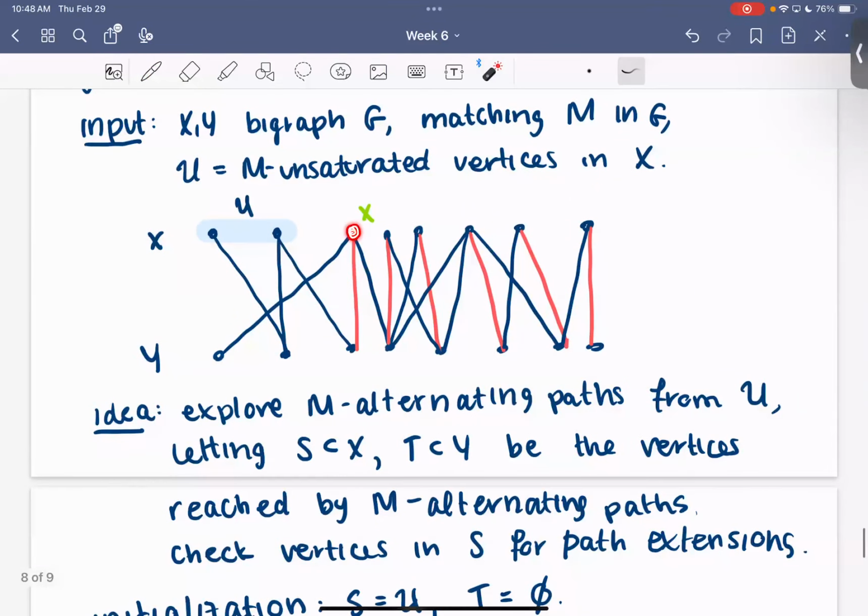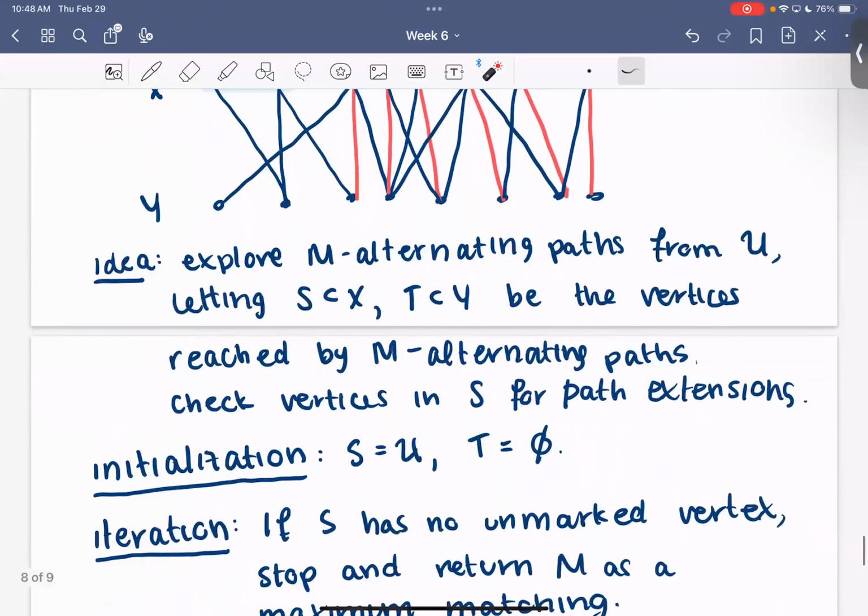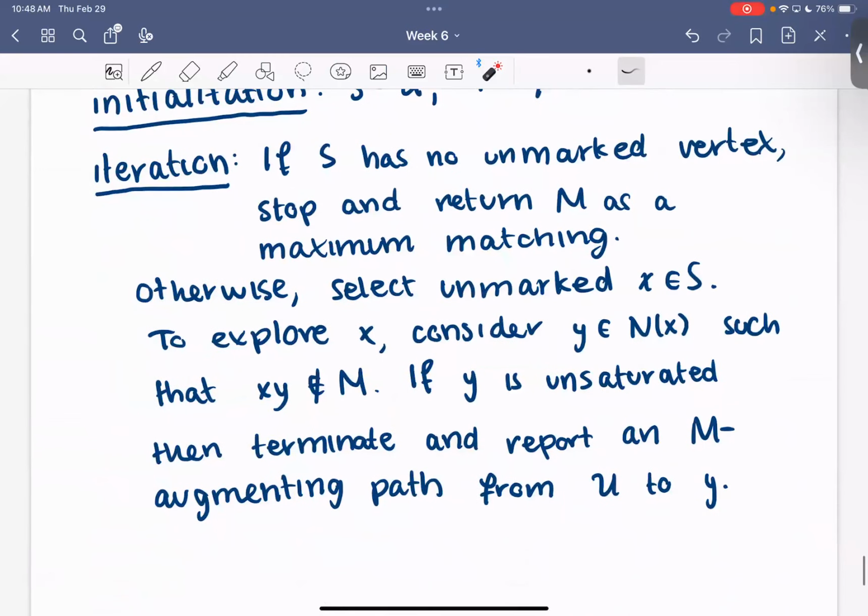So if I find a blue edge coming out of X that goes to an unsaturated vertex, then I have found an M augmenting path that's as long as possible, right? So that's what this case is applying to. Okay, so if Y is unsaturated, then we terminate and report that M augmenting path.